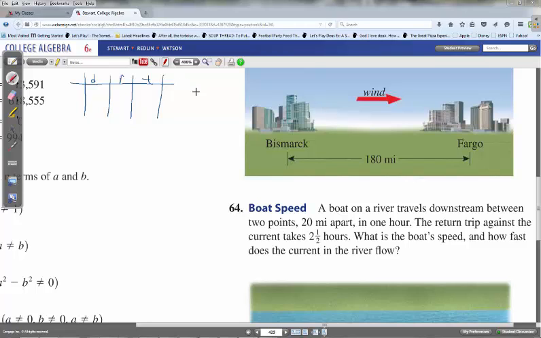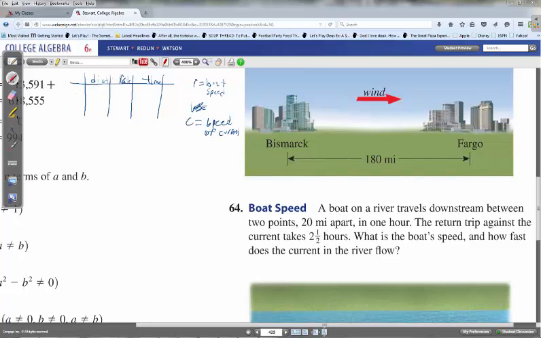Well, let's say R equals boat speed, and let's call it C. C equals speed or rate of current. We get rate, time, distance.